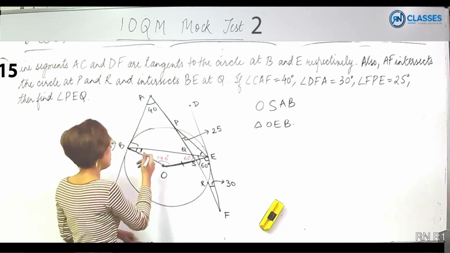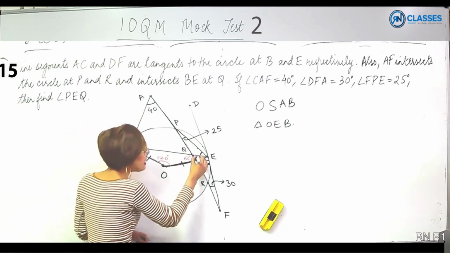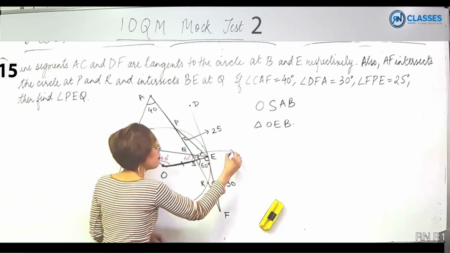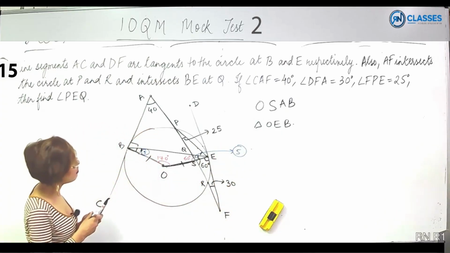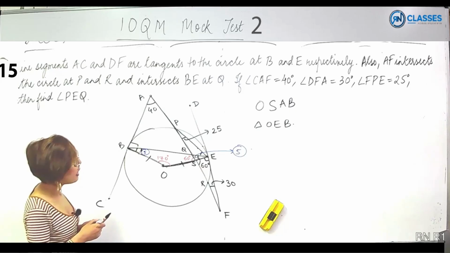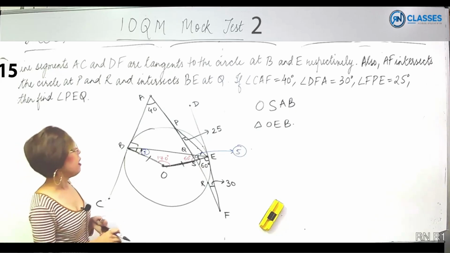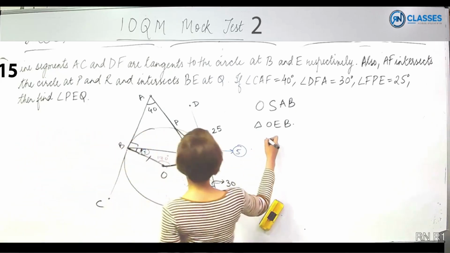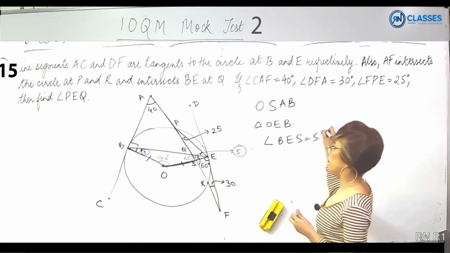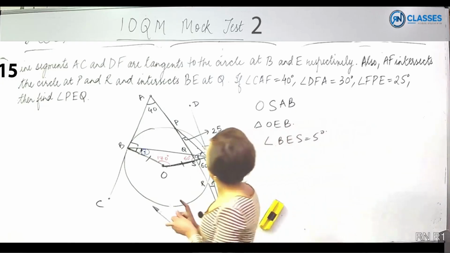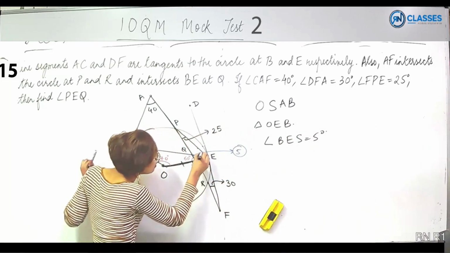This is 5 degrees and this angle is 5. Angle BES is 5 degrees. I am interested in this angle.